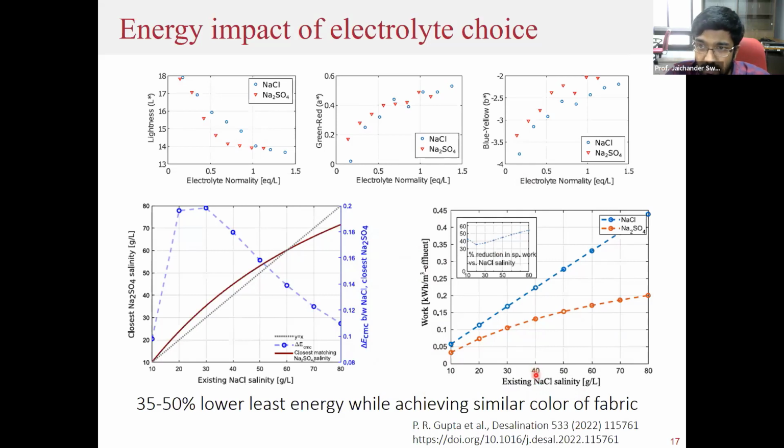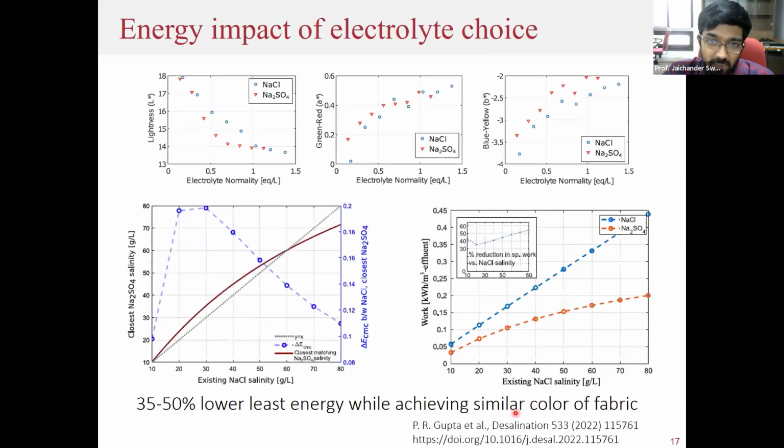The existing sodium chloride concentration is 40 gram per liter. The sodium sulfate concentration required is only around 30 gram per liter, from this graph. Correspondingly, the specific energy is also reduced, and on average the reduction is around 35 to 50% in terms of least energy for desalination.